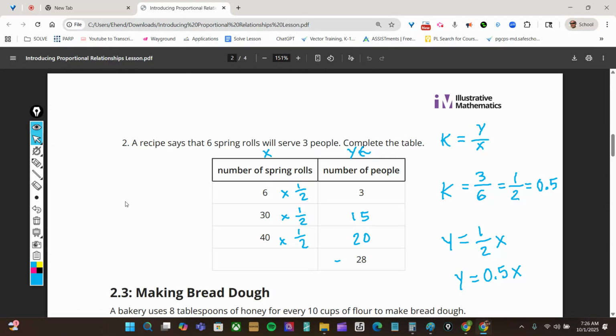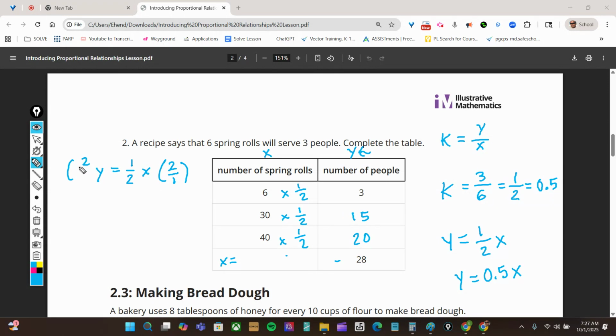All right, so in this case, let me try to explain this. So we have y equals half x. But here we want to know what x equals when y is 28. So now we got to flip the equation. So we're solving for x now. So we will multiply this times 2, or 2 over 1.